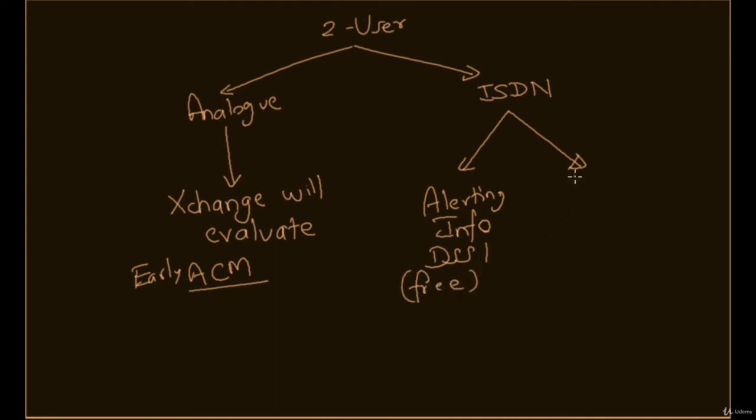And if it does not receive any indication from the ISDN access, then it will not send any indication in the ACM message. So these are the approaches used in sending the ACM message.